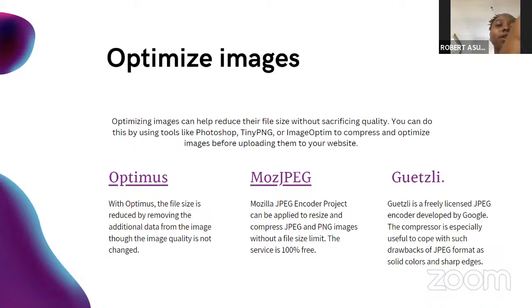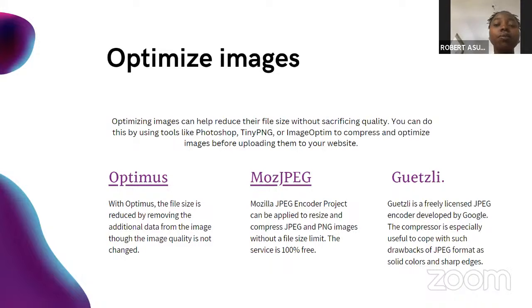So the next tip on my list is optimizing images. Optimizing your images will help you to reduce the amount of loading time. All you have to do is reduce the file size, and there are tools made available to help you reduce it without sacrificing the quality. You can do this by using tools like Photoshop, TinyPNG, or ImageOptim to compress and optimize images before uploading them to your site.